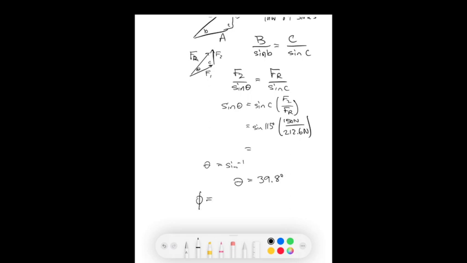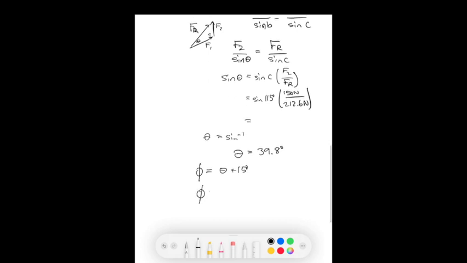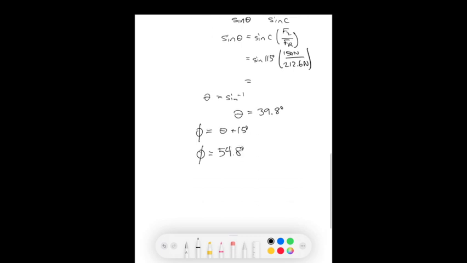And so the angle that we were looking for is theta plus 15. So we find out the direction of that force is 54.8 degrees. Okay, so here's our answer. Fr is equal to 212.6 newtons, right?